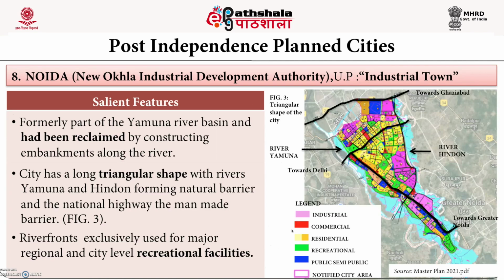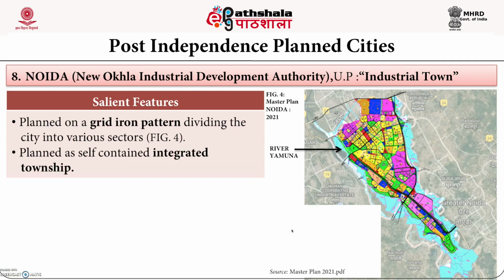As you can see in this figure, the riverfronts were exclusively used for major regional and city level recreational facilities, and it was planned on a grid iron pattern. Again, this grid iron planning was there. The city was divided into various sectors, and this township was planned or conceived as a self-contained integrated township.